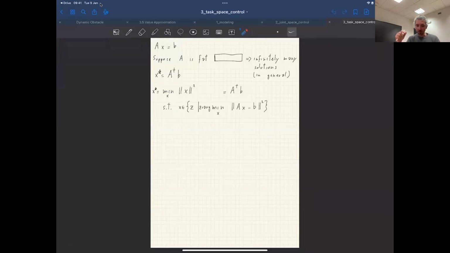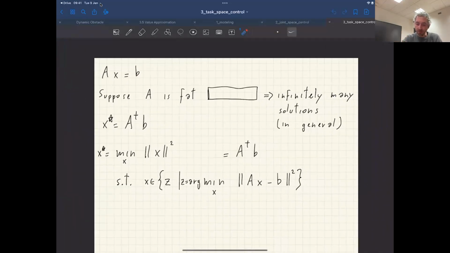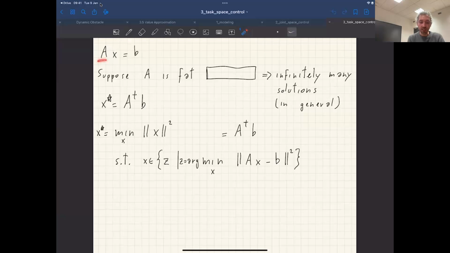Okay, this was just a zoom in on the fact that since the linear system that we are solving typically has a fat matrix A, when we are solving it, we have infinitely many solutions in general. And the solution that we compute using the pseudo-inverse is the minimum norm solution.